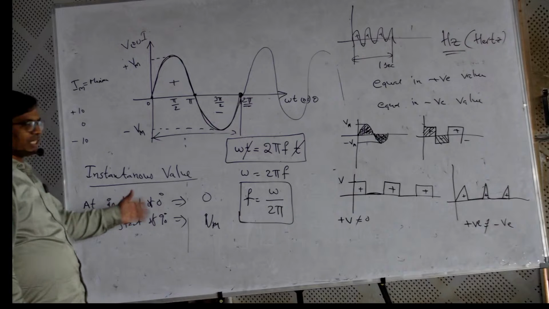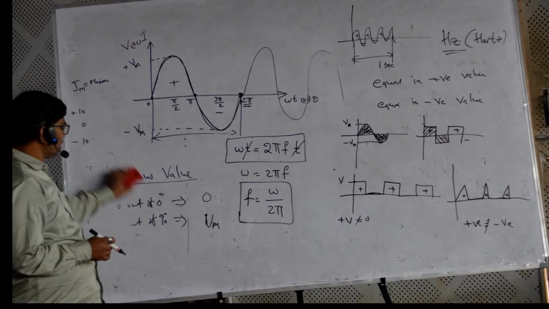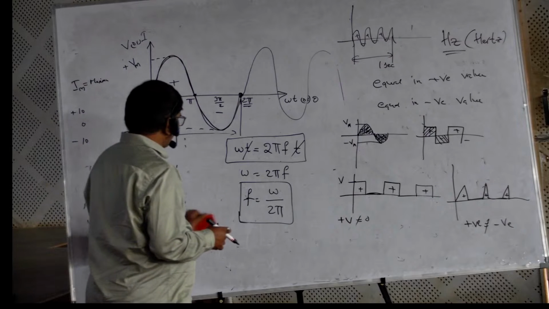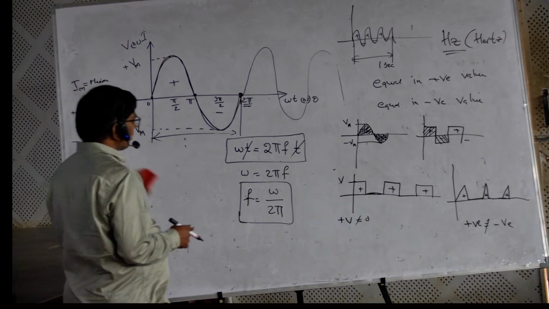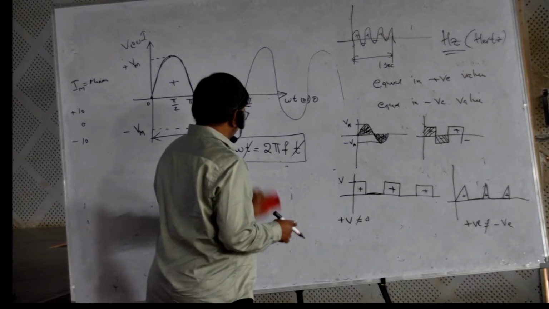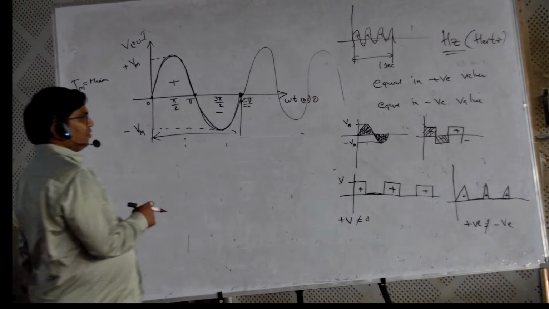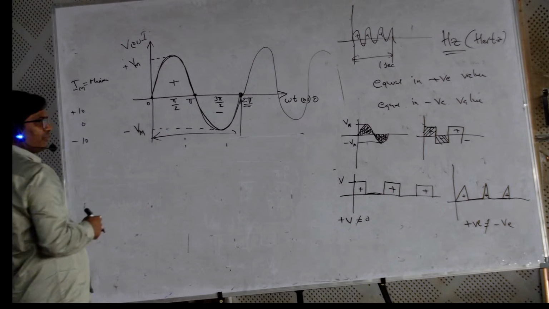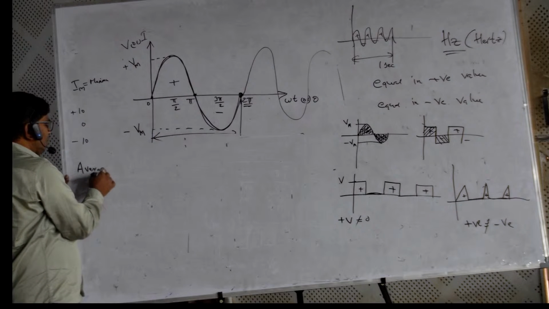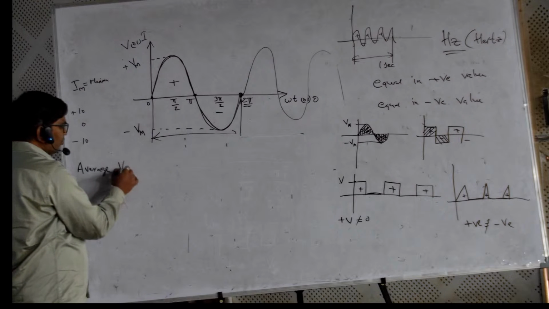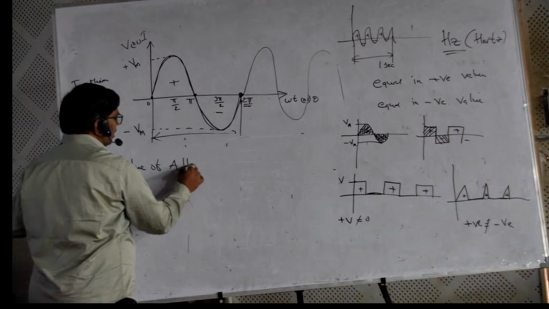So at any instant, okay. Now maximum value is over, instantaneous value is over. Now what is meant by average value? What is meant by average value? Average value. So you tell me, what is the average value of an alternating quantity?